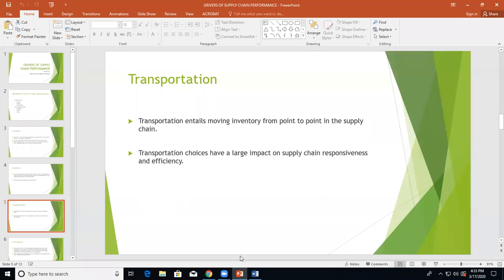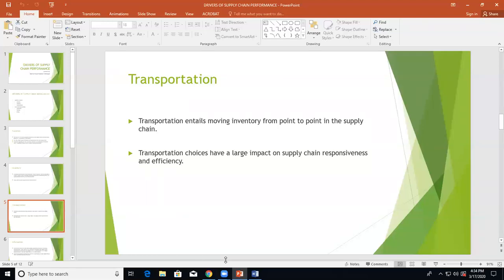For example, if you want to give the better response to your customer, then you have to use the airplane. If you want to improve the efficiency in your system and your supply chain, then you can compromise on your mode of transportation, and you can use ship or other way of transportation.